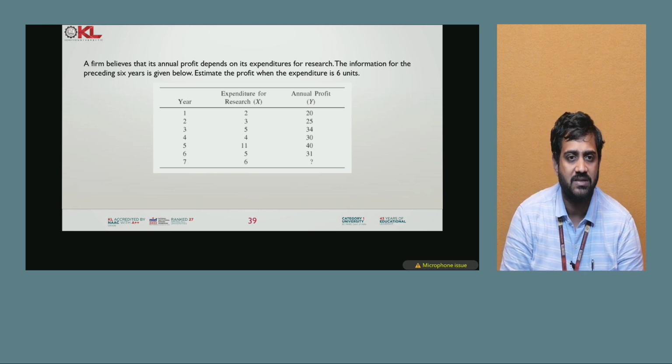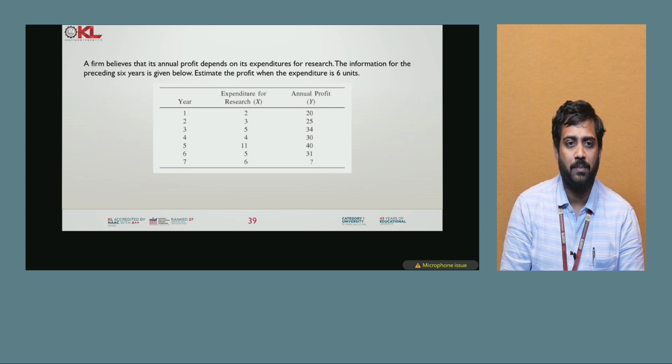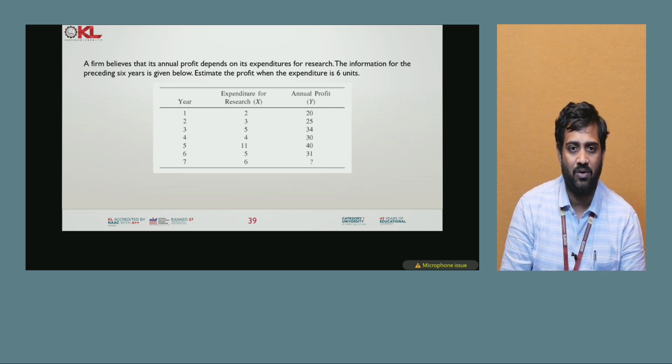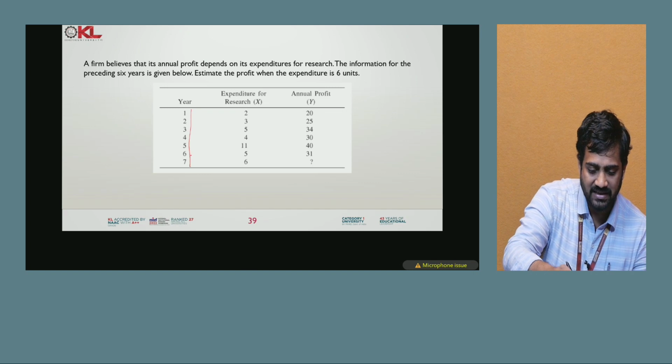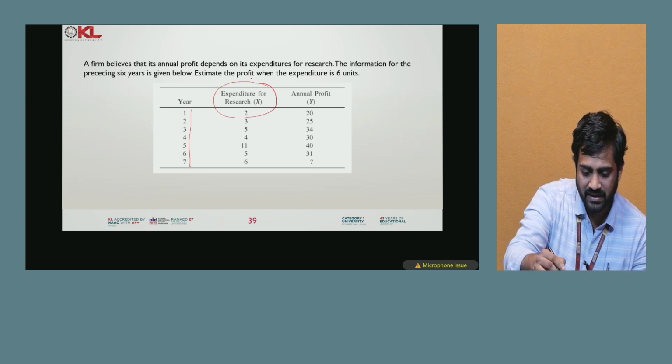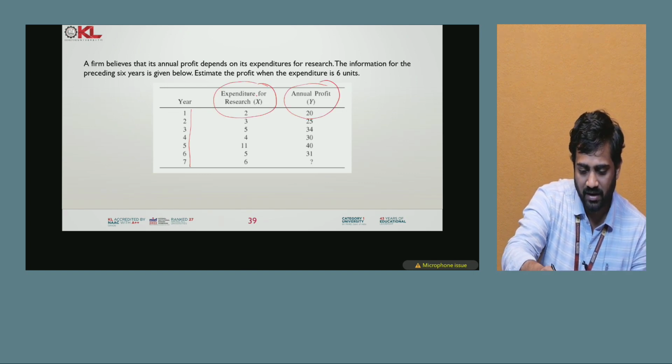A firm believes that its annual profit depends on its expenditure for research. The information from the preceding 6 years is given below. Estimate the profit when the expenditure is 6 units. For the first 6 years they have given the expenditure for research and the annual profit.